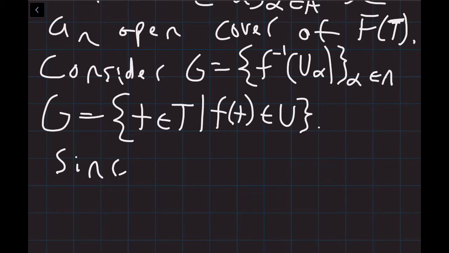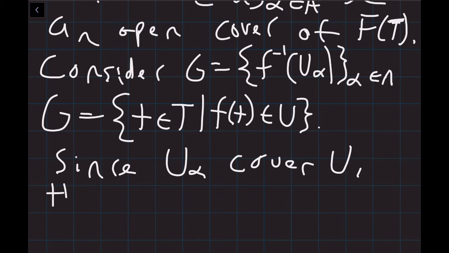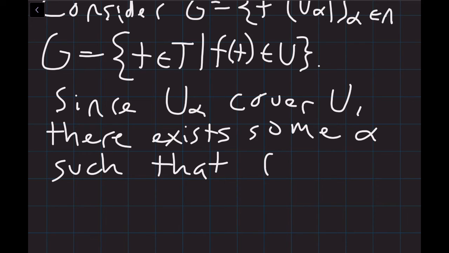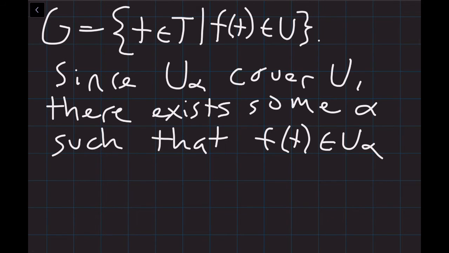Now since our U sub alphas, which are our open covers, cover U, we can say that there exists some alpha such that f of t is in U sub alpha. We can say that just by the definition of open covers.